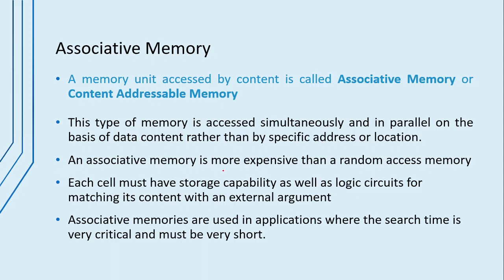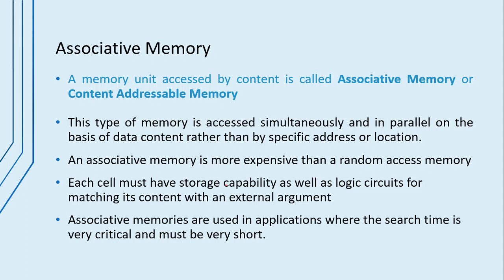Associative memory is more expensive compared to RAM because here each cell must have a storage capability as well as a logic circuit for matching its content with the external argument. So associative memories are used in applications in which search time is very critical and must be very short.